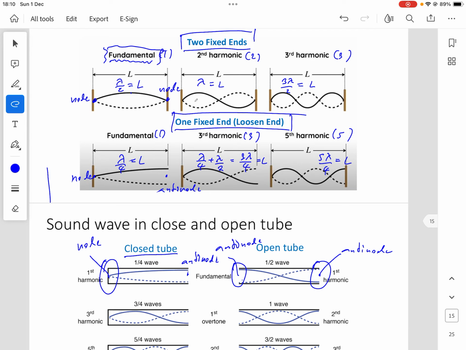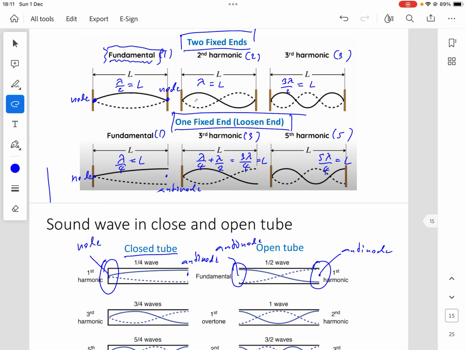It's pretty different, but one thing you might see is that if you count the number of waves inside the tube, they are the same in each harmonic compared to the two fixed end case.